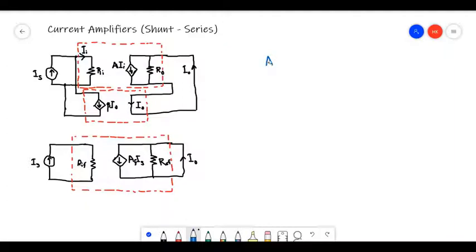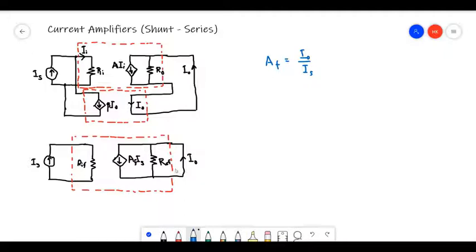Closed loop gain in a current amplifier is defined as the output current divided by the input current, so it is I out divided by IS.